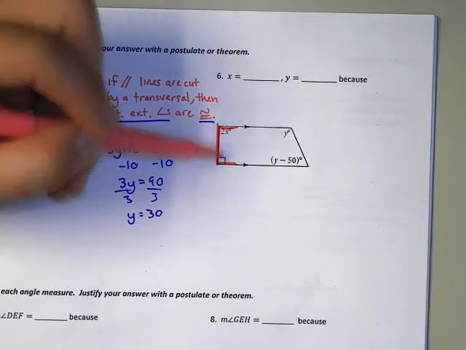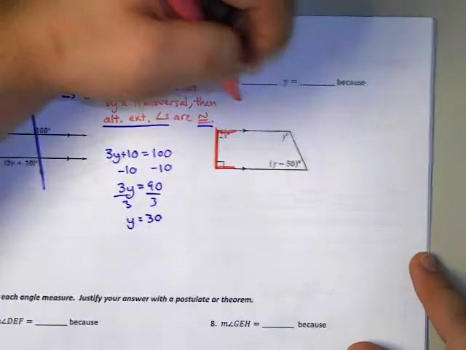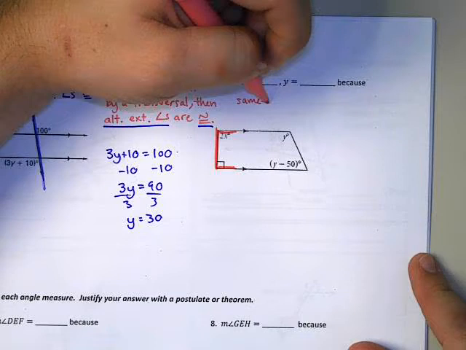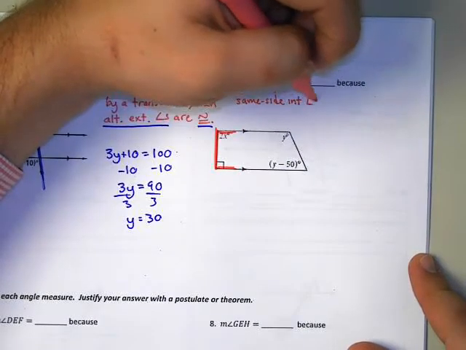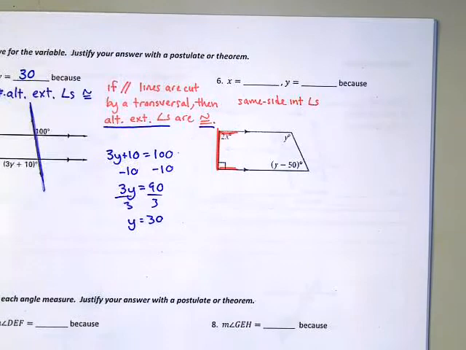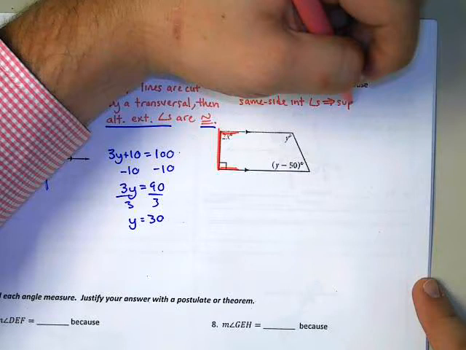And what would we say is that angle pair relationship? Well, I would say that they're on the same side of the parallel lines, and they're both interior, so same side interior angles, which means supplementary. Okay?